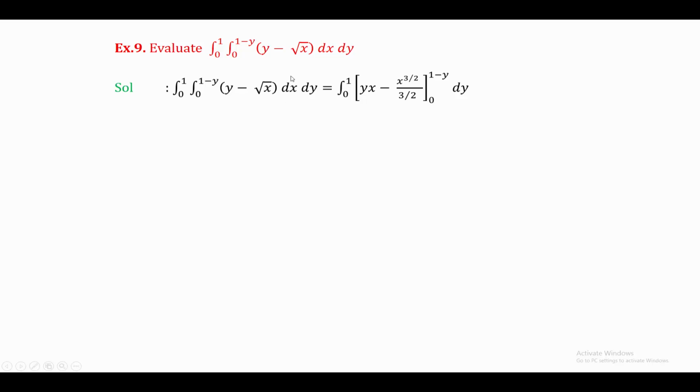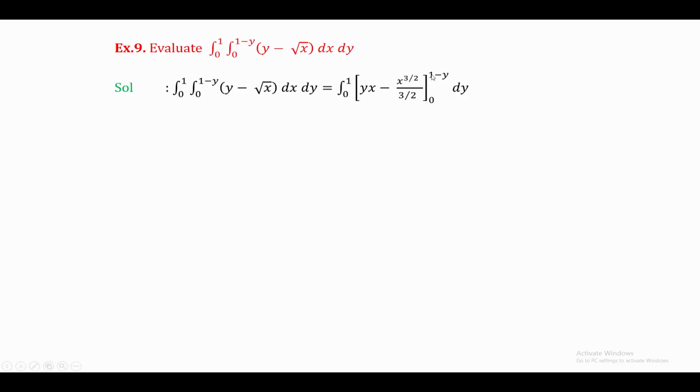Now integrate this with respect to x. In the first term y is constant, integration of dx is x, so y into x, minus integration of root x, which means integration of x raised to 1 half. Integration of x raised to 1 half is x raised to 3 by 2 upon 3 by 2. Limit x varies from 0 to 1 minus y dy.